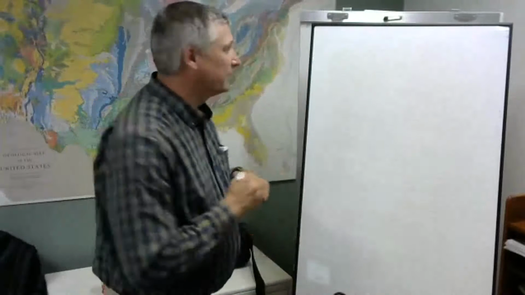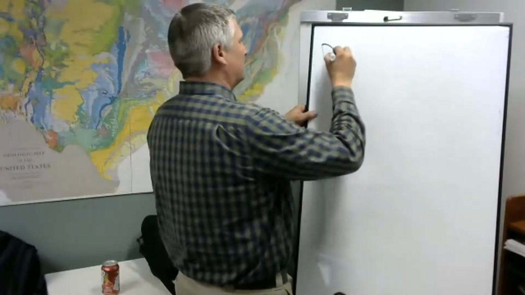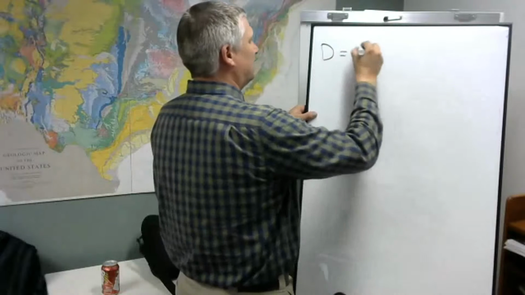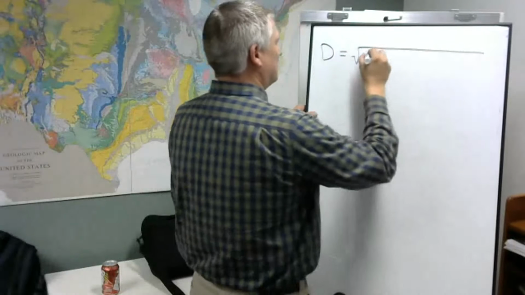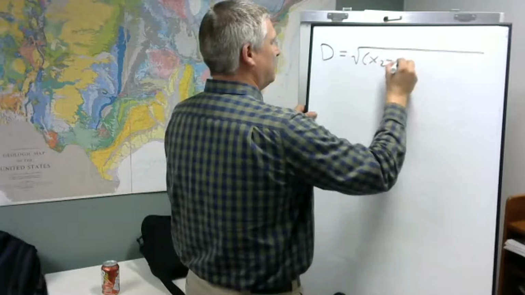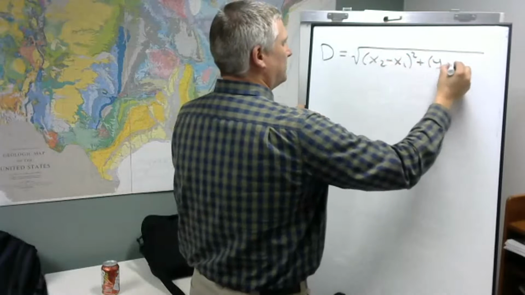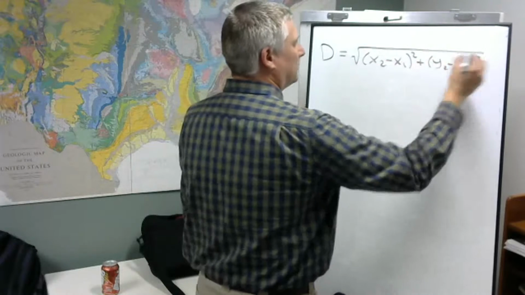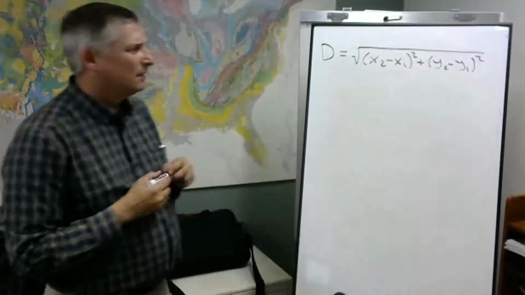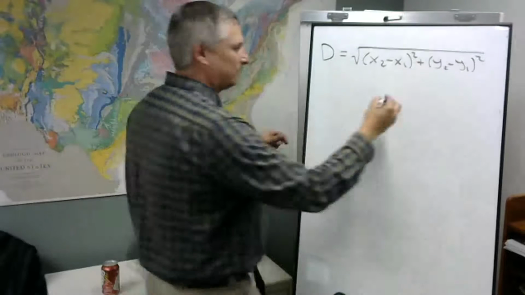Remember, the distance formula is d equals the square root of x2 minus x1 squared plus y2 minus y1 squared. So let's say we have a circle.